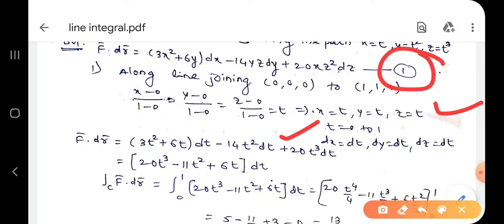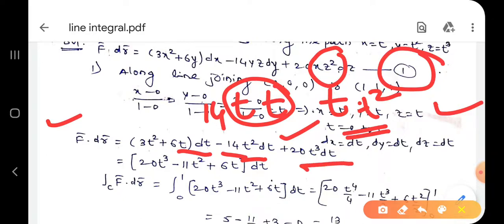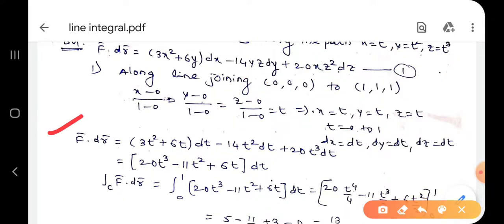So your equation 1 becomes f bar dot dr bar is equal to (3t square plus 6t) dt minus 14 y means t and z is also t, so t into t square, so 14t cube dt plus 20 xz square means t into t square, so here t cube, so 20t cube dt. So we get f bar dot dr bar in terms of t only.